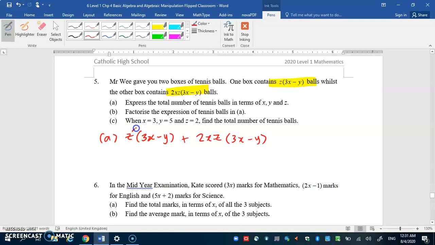How do we expand? We use the rainbow method as usual. Z times 3x is 3xz, and then this will become minus zy, plus 2 times 3, I will get 6, then x times z times x, which means this will become 6x squared z, then minus 2xyz.